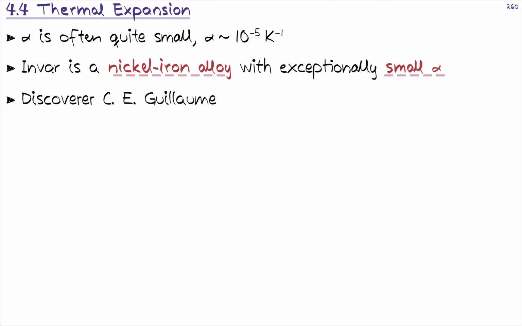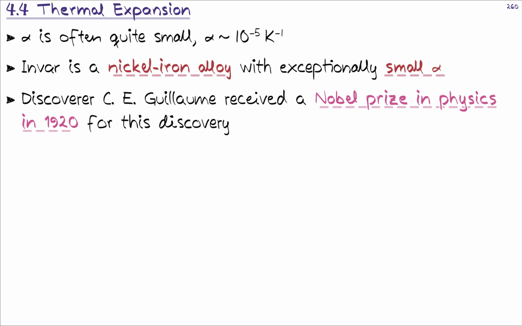This was discovered by Guillaume, C.E. Guillaume, and he was awarded a Nobel Prize in Physics in 1920 for this discovery. I think Guillaume discovered INVAR in 1895 or something around that time, before 1900.